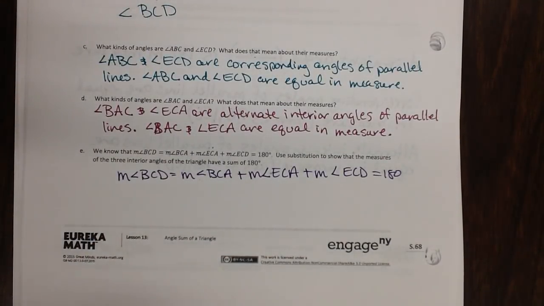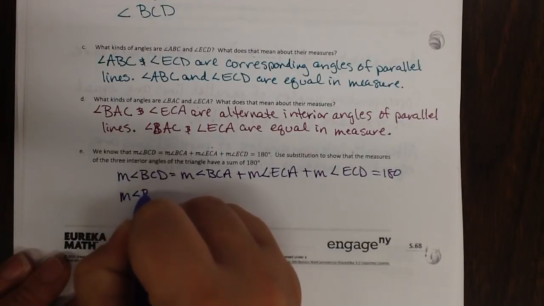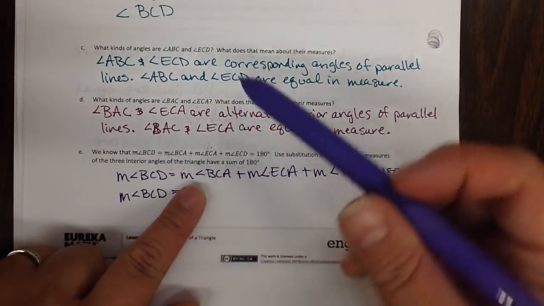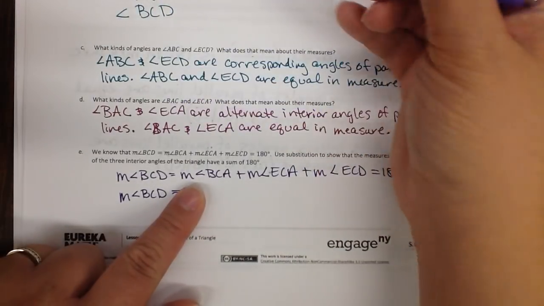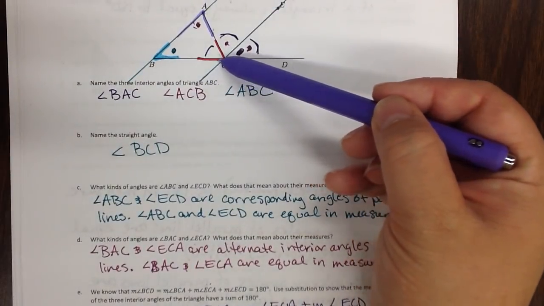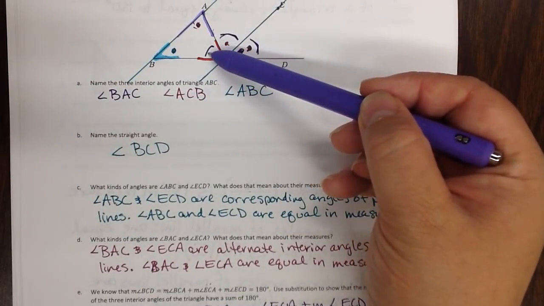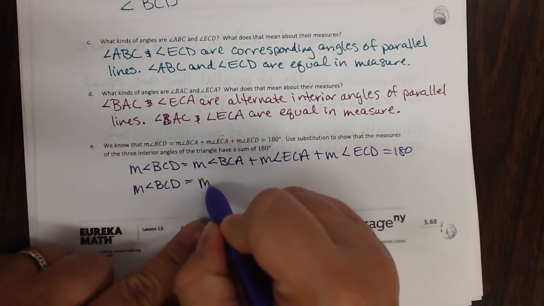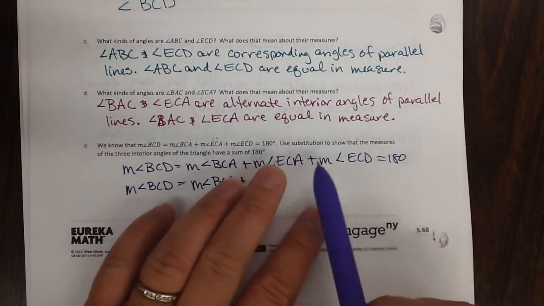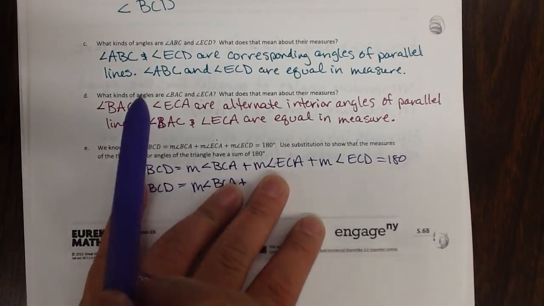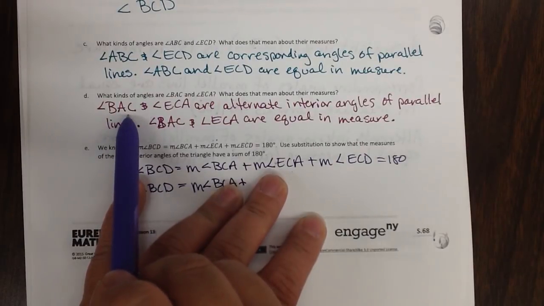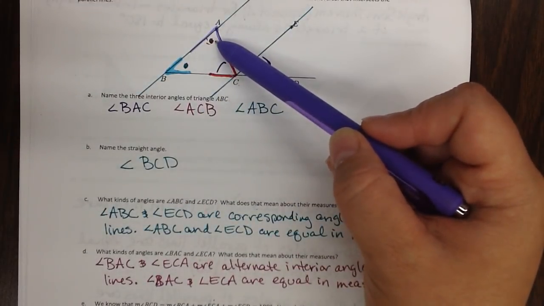So the measure of angle BCD equals, I'm not going to substitute anything in for BCA, this one right here, because we haven't talked about it. I'm just going to leave that one there. So the measure of angle BCA plus. Now, we have talked about ECA. Right here, ECA and angle BAC, which is this one at the top, are equal.